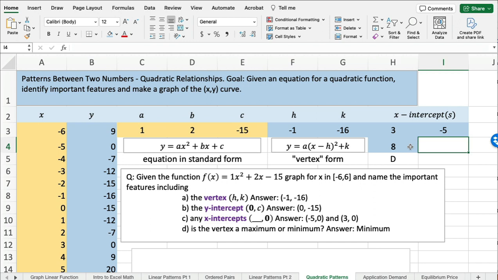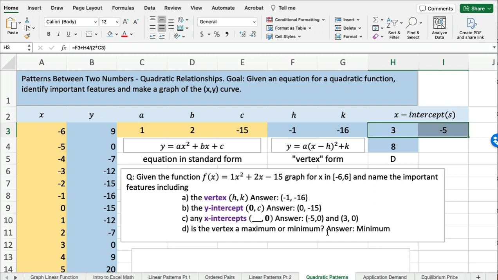So there are 2 x-intercepts. Sometimes you'll have a graph where there's only one, and sometimes you'll have a graph where there's none. So hopefully in more videos to come, we'll see examples of all those kinds.